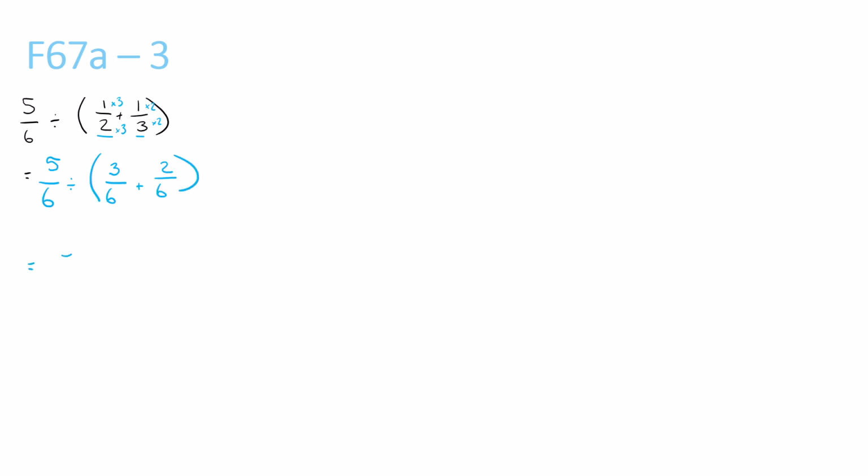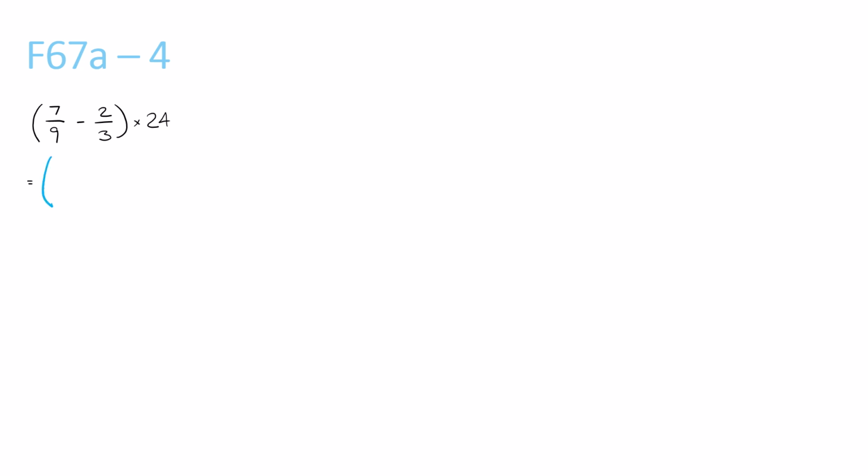Finish off what's inside the brackets, so rewrite 5 over 6 divided by, now it's 3 plus 2 is 5 over 6. You can take this outside the brackets, and because it's division here, we can change it to multiplication. 5 over 6 times, swap the top and bottom for this one, 6 over 5 equals, cross these out because they both go into each other. These both go into each other, you should get an answer of just 1.